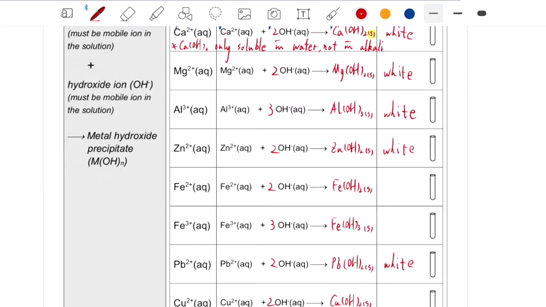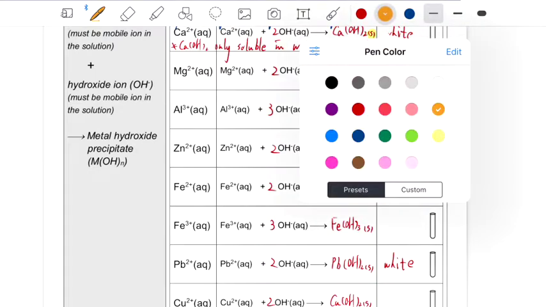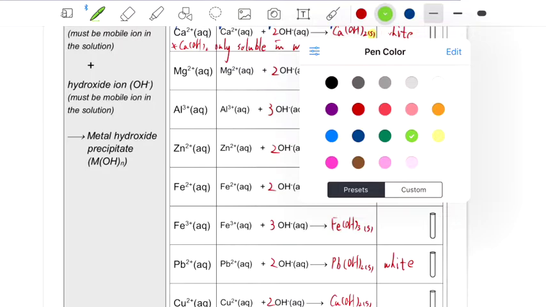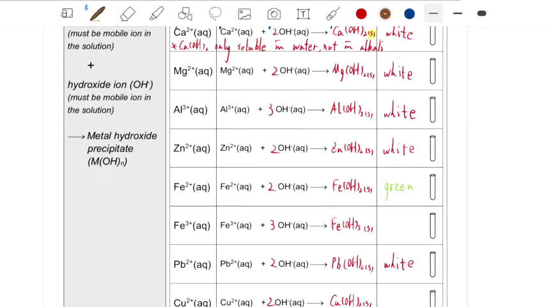Iron(II) ion is green, so the iron(II) hydroxide precipitate is green. For iron(III) hydroxide, you can describe it as yellow or reddish brown. I use reddish brown.